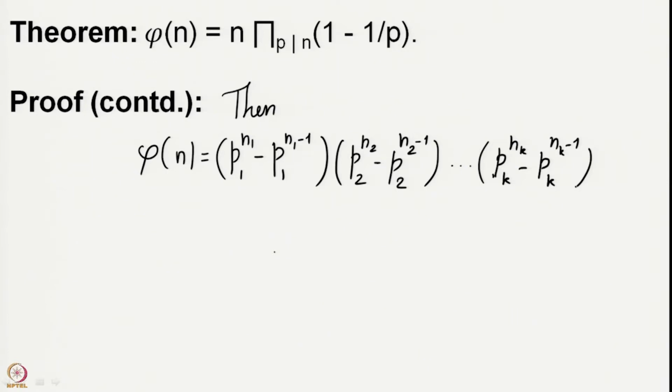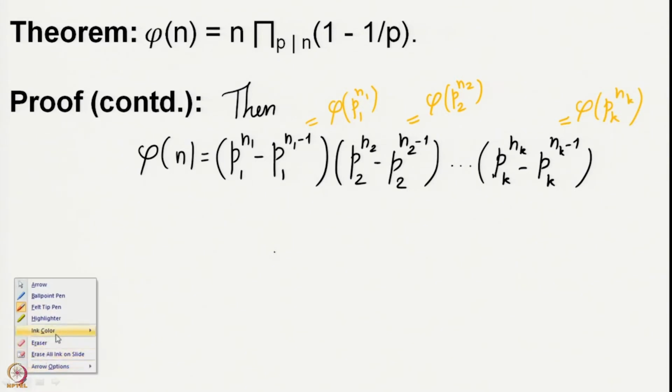This is because we know the phi value for p1 power n1 is this, this is phi of p2 power n2 and so on, where we get phi of pk power nk.